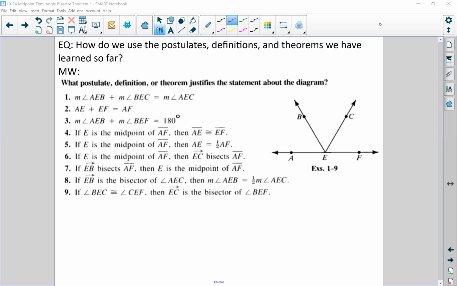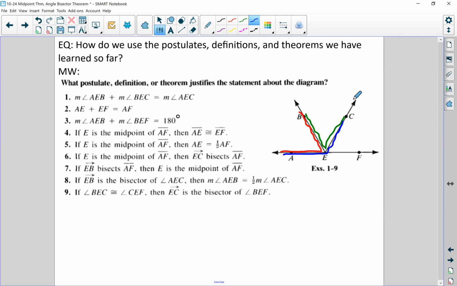Number 1 says that the measure of AEB, this angle over here, let's shade it in red, plus the measure of BEC, let's do that in green, is equal to the measure of AEC. We see the red angle and green angle are adjacent to each other, and they're summing up to this blue angle.